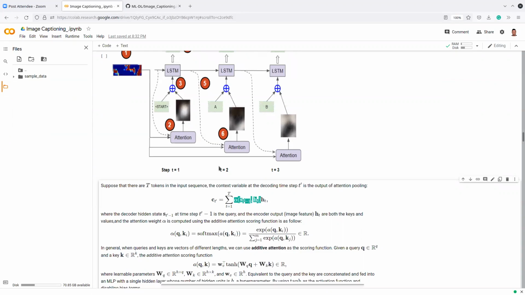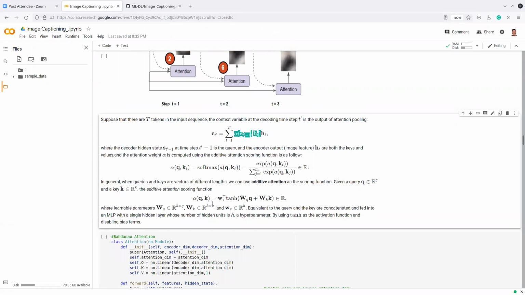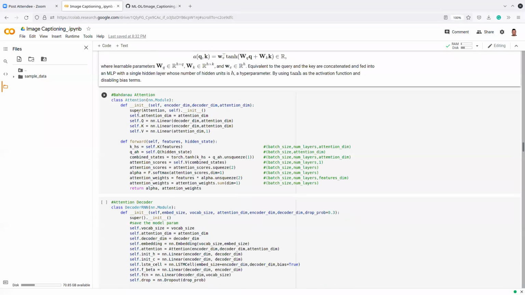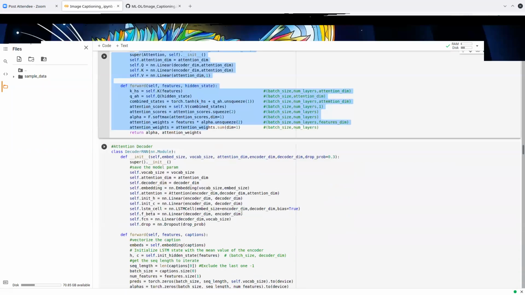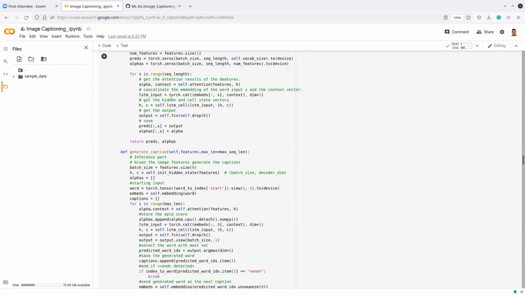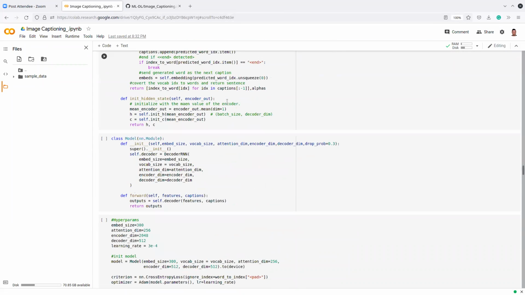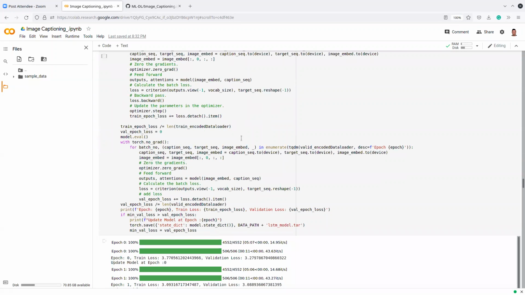In this way, our model still looks at all the image, but some parts are more important than others. This is the implementation of the attention. It's pretty straightforward, as here. And then the decoder, which is an LSTM model. We built our model. Here we have our hyperparameters. We train it.